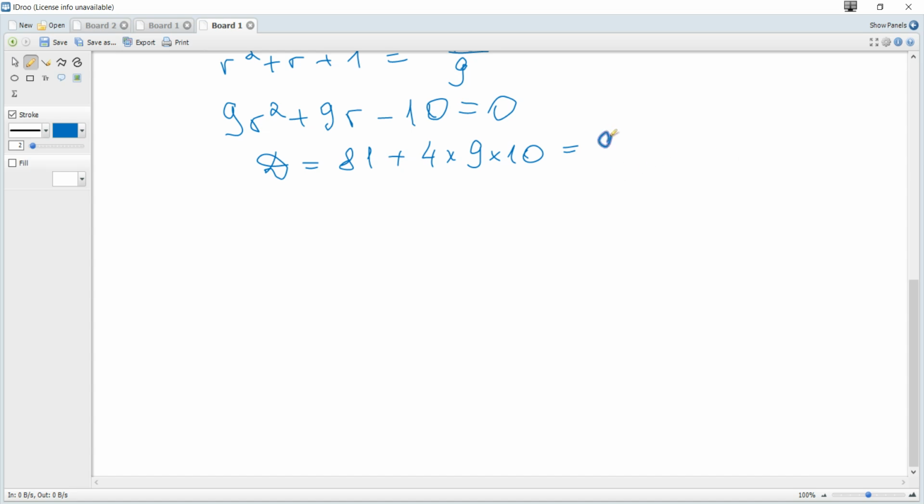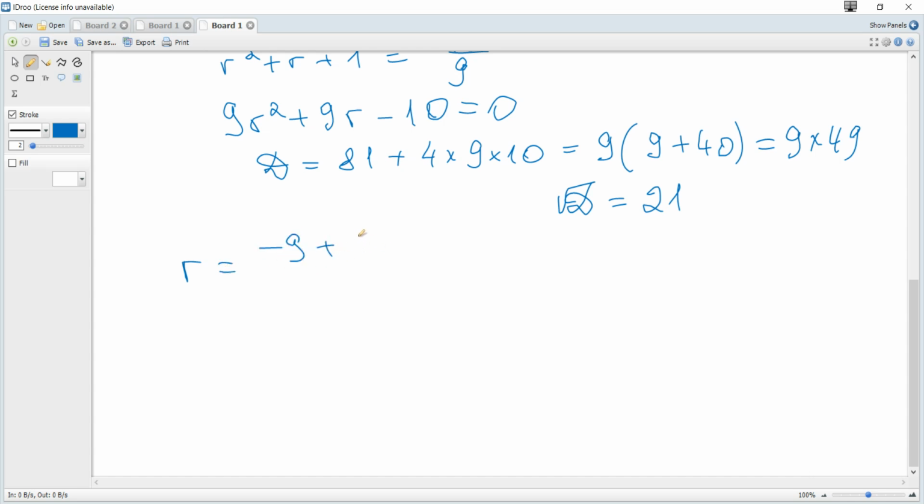Can factor out 9, so it becomes 9 plus 40. Hence, square root of this discriminant is what? 7 squared is 49, so it's 7. Hence, roots are minus b plus root of this, so minus 9 plus 21 over 2a, so over 18, and it's what?